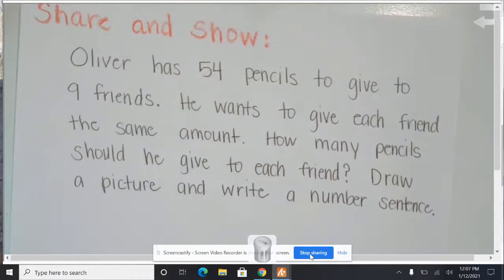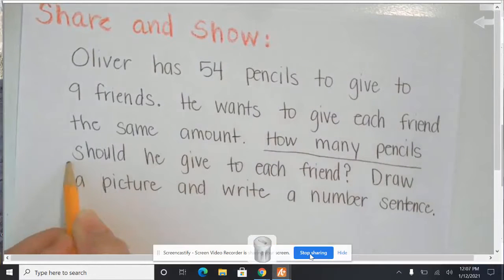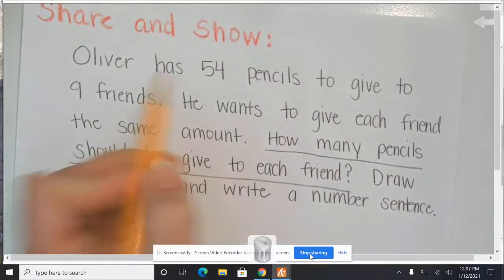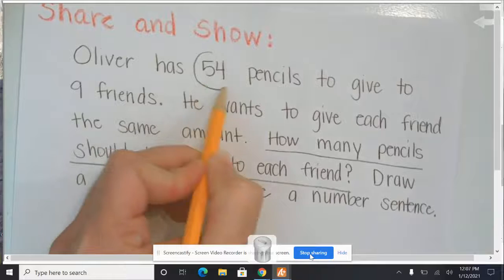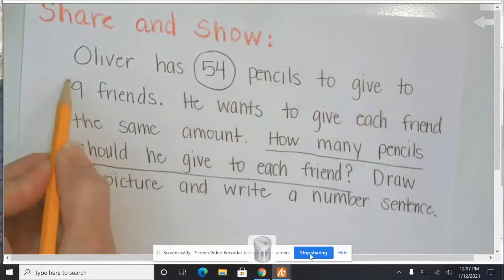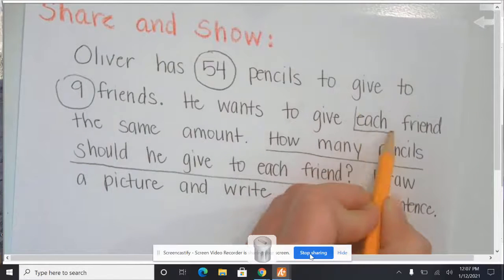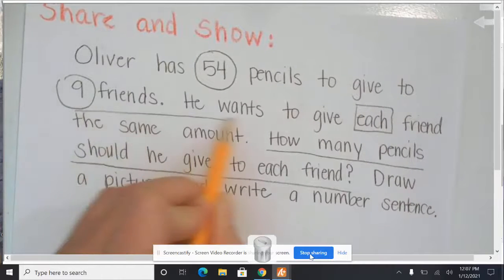So, as always, the first thing you want to do is underline the question. How many pencils should he give to each friend? I also know that Oliver has 54 pencils and he has 9 friends, and he wants to give each friend the same amount.